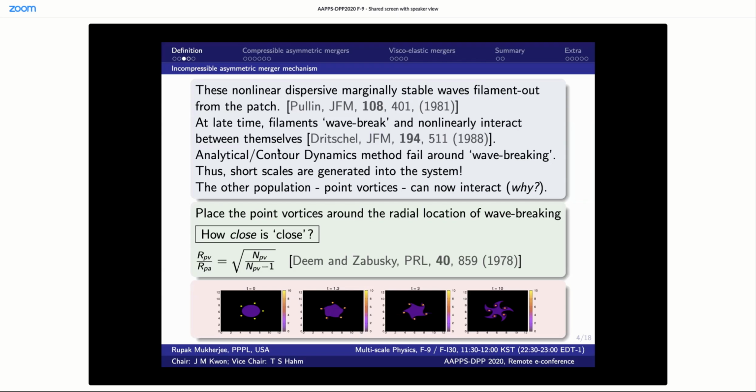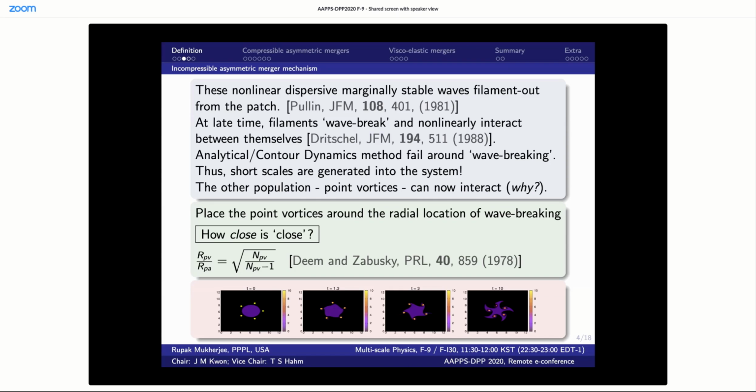But up to this, the earlier analytical methods were good. When the filaments wave break, the analytical or contour dynamics method failed, because a lot of short scales got generated in this system. Because here you have something like an overturned patch.